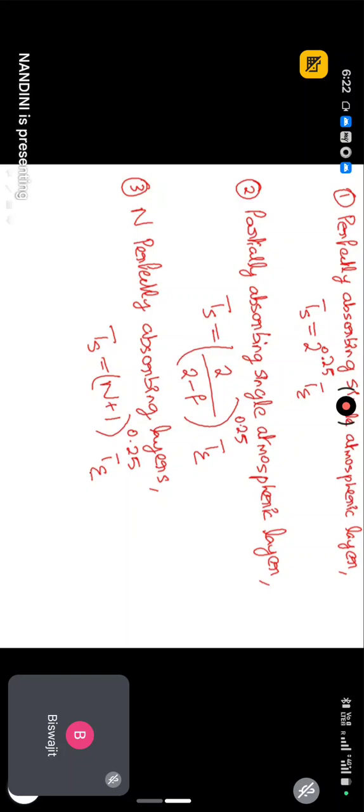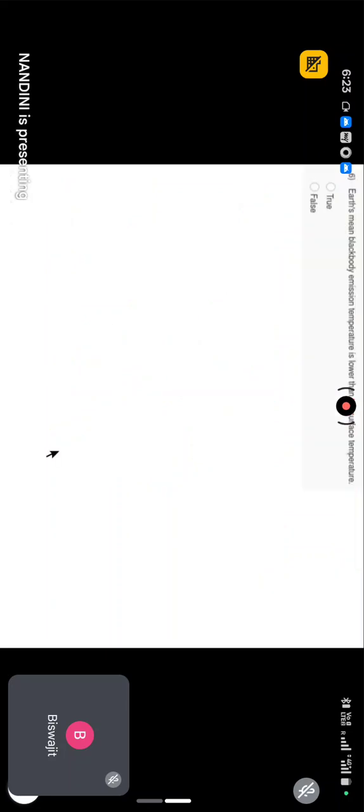And if we don't have an atmosphere, what will be the relationship between Ts and Te? In case of no atmosphere, Ts will be equal to Te. So these are the different conditions. I hope it is clear.